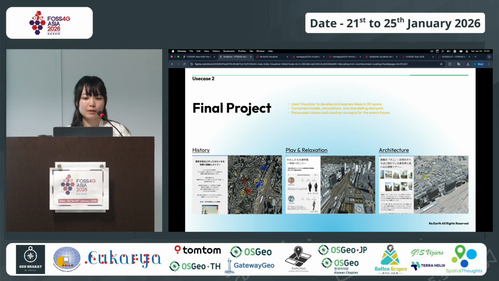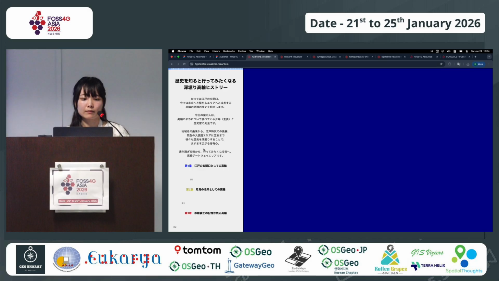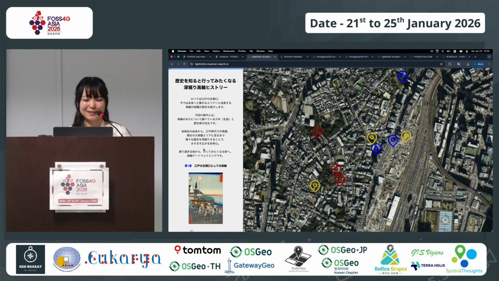This is our final project. We have three main final projects, telling about history, relaxation, and architecture. It's also created by citizens. Sorry, it's written in Japanese. This is a history of the Takanawa area.